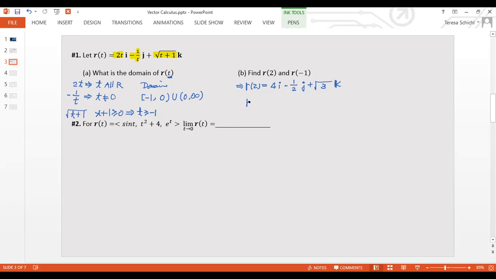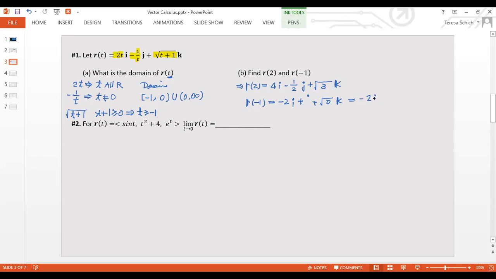The same thing if you want to find r(-1). That means you put negative 1 into each component function. So it's negative 2i plus 1j plus the square root of 0, which is 0.